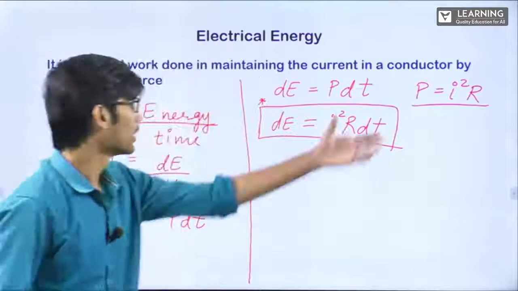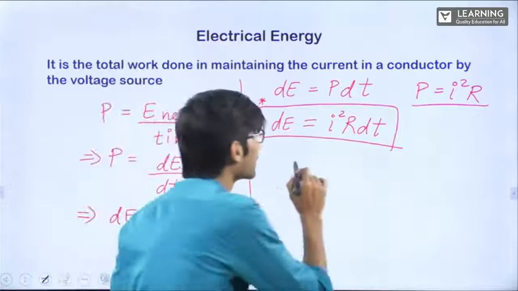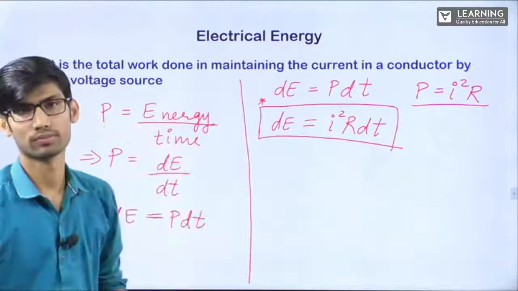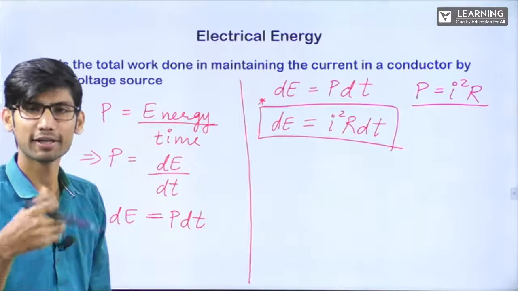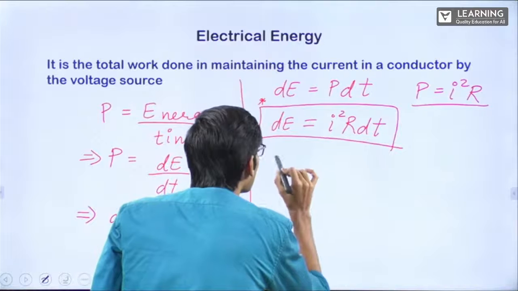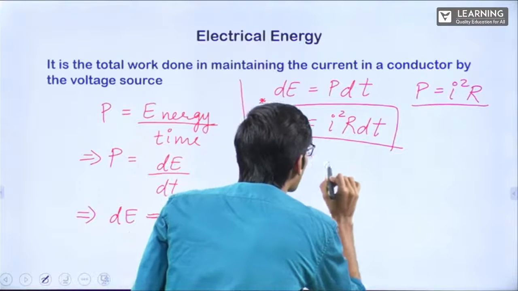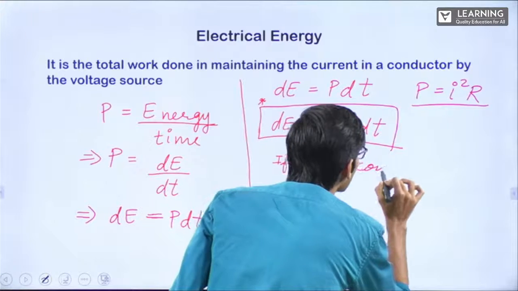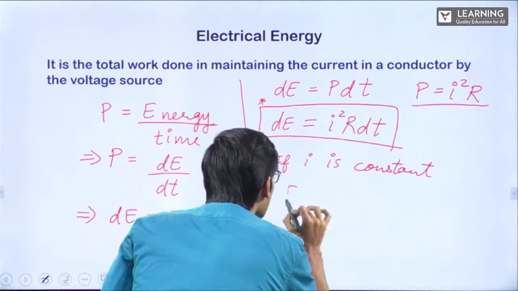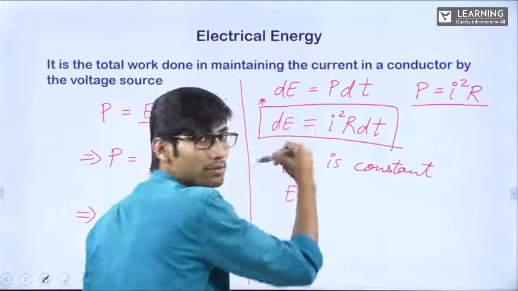Fine. Right now, in majority of the cases in boards, I is constant, right? In 90%, 95% of the cases, I is constant. So when I is constant, now E is equal to, we'll do integration both the sides, right?